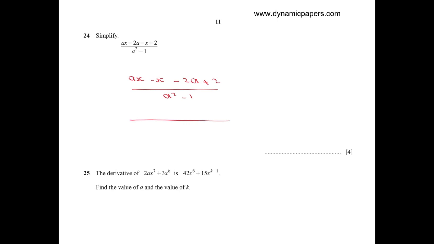Let's factorize. From the first two terms, we will pick x as a common factor, a minus 1. From the second two terms, negative 2 is a common factor, and the resultant bracket is a minus 1. The denominator is a difference between two squares, a minus 1 and a plus 1.